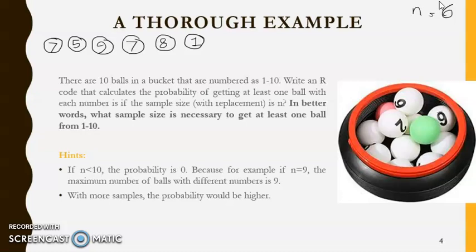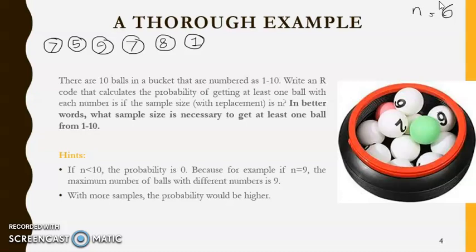So it means that we have at least one 1, at least one 2, at least one 3, at least one 4, at least one 5, and like that. First of all, is this a success experiment or a failure experiment?